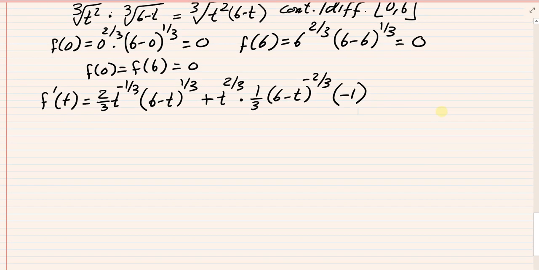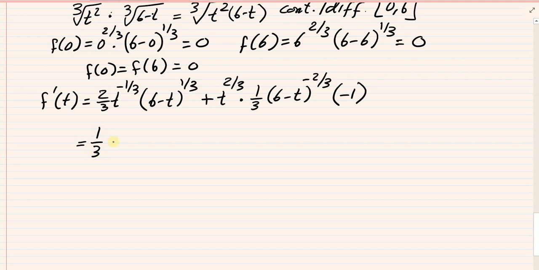Okay, and then let's see, working this one out, we can factor something here. Let's factor t to negative 1/3, and we can factor 1/3 also from both fractions.